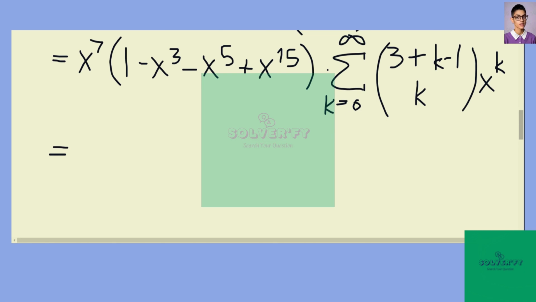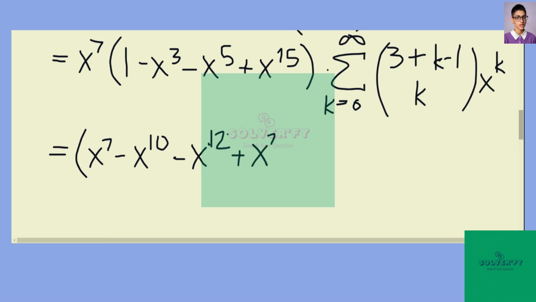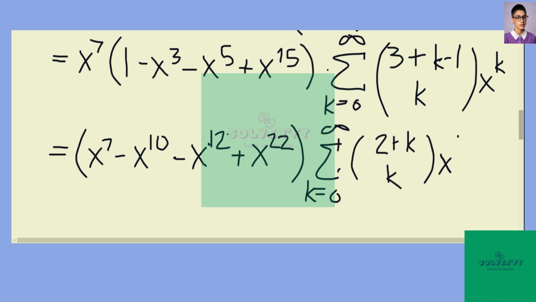This is equal to x to the 7th minus x to the 10th minus x to the 35th, plus x to the 12 plus x to the 22, times the sum from k equals 0 to infinity of 3 plus k minus 1, which is 2 plus k, choose k, x to the k.